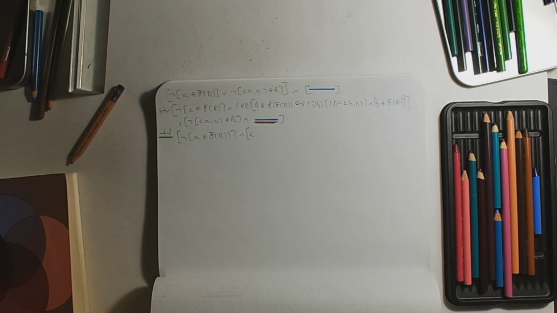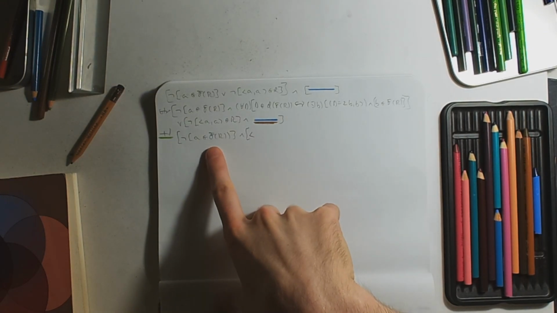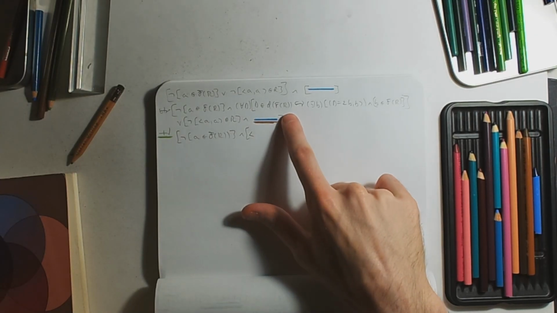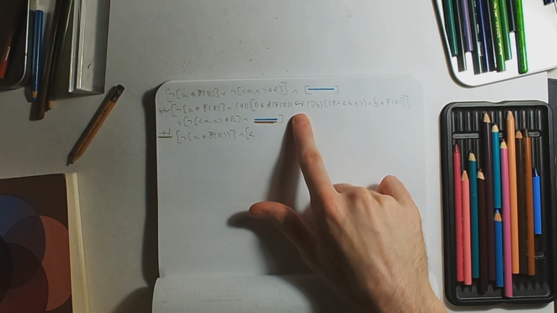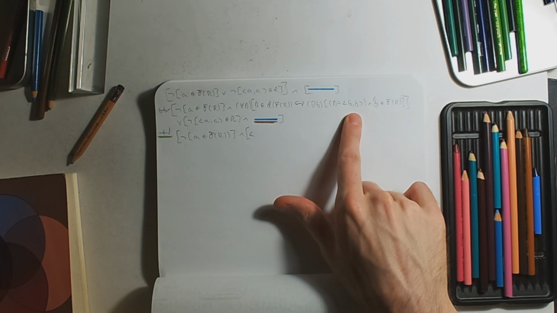We can derive that the ordered pair AA is an element of the identity of the field of R. So we're saying not the ordered pair AA is an element of the identity of the field of R, and for all D, D is an element of the identity of the field of R if and only if there exists a B such that D equals the ordered pair BB.